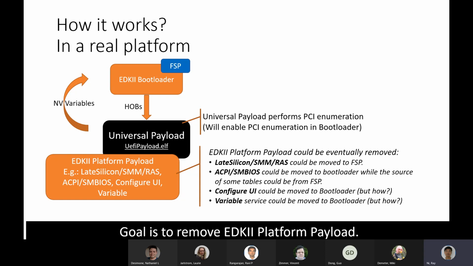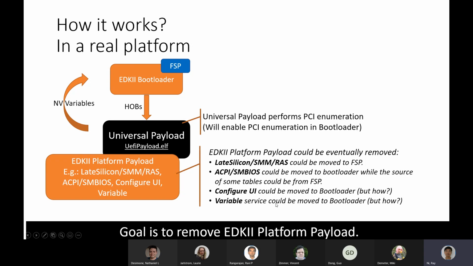For this part, maybe it can move to the bootloader, but how to implement that? Actually, there are many different choices, and we may also need to have more discussions on which one to choose.